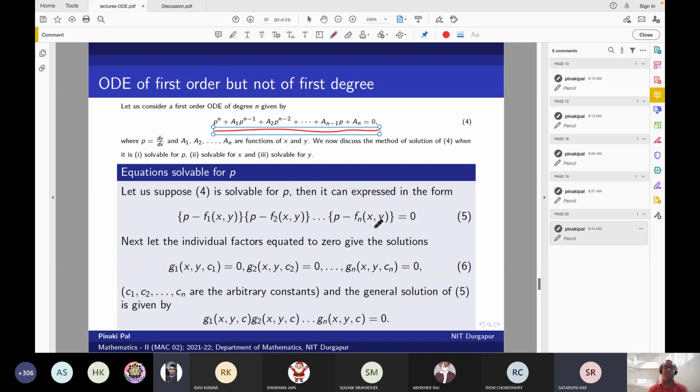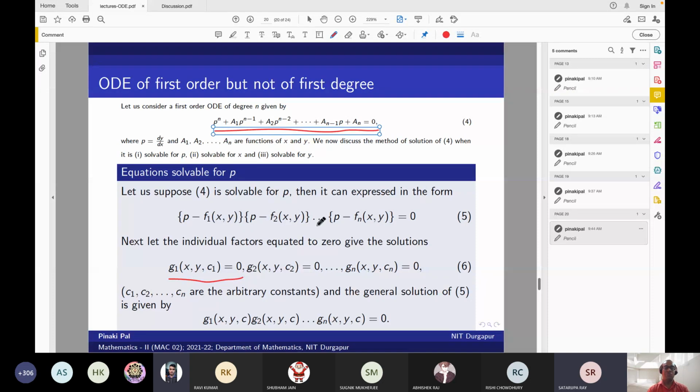There will be n factors if it is solvable for p, and this is equal to 0. It is not always possible, but if we can do that, then we will consider the differential equations of the form p minus f1(x,y) equal to 0, and if we solve it, we will get a solution of the form g1(x,y,c1) equal to 0, and then we will consider the next factor.